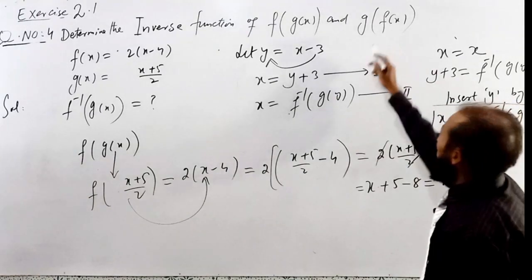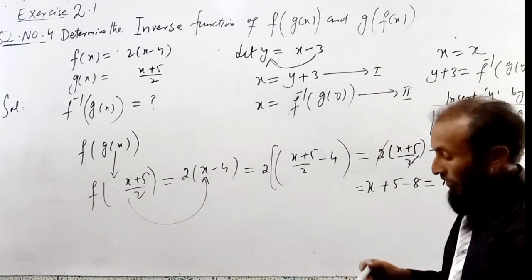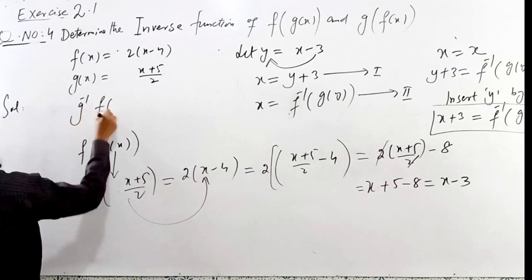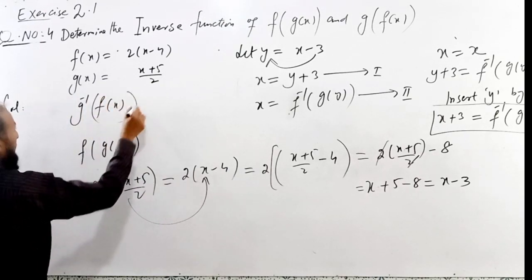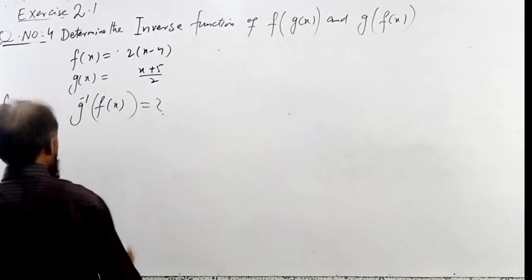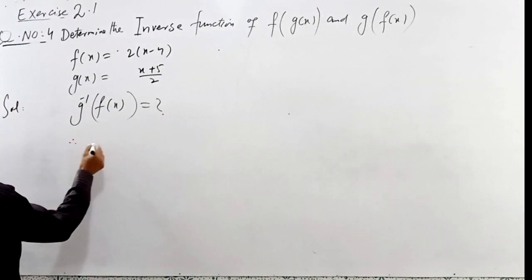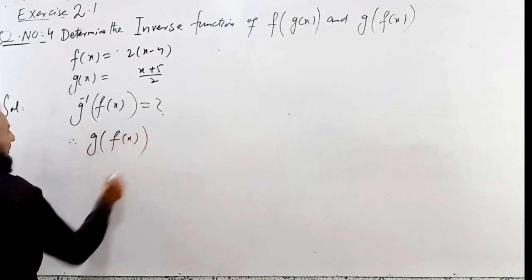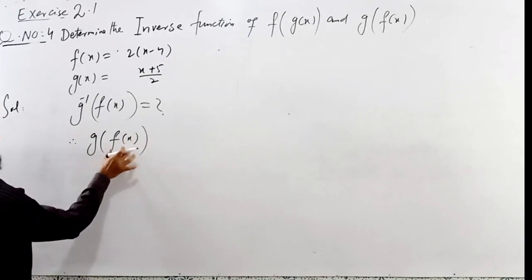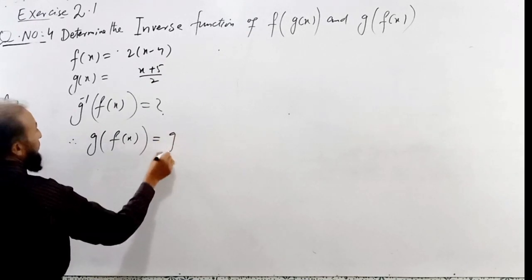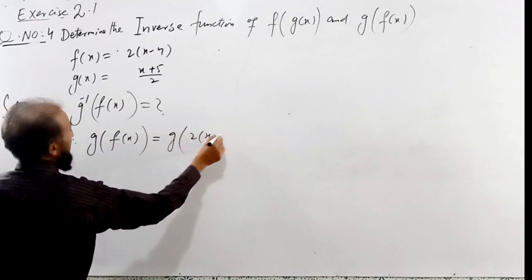Now similarly we find g as a function of f of x. g inverse f of x is unknown. First of all, we find g as a function of f of x. That means we put the function f of x value, which is 2 and 2x minus 4.